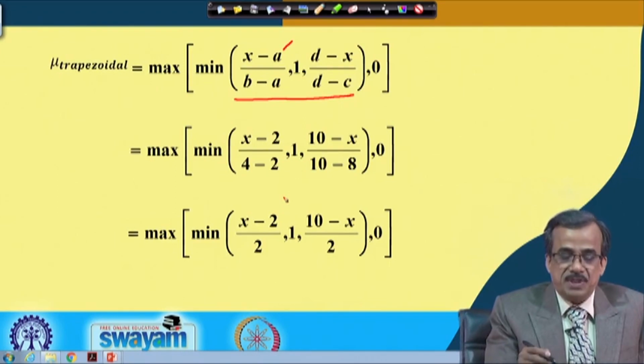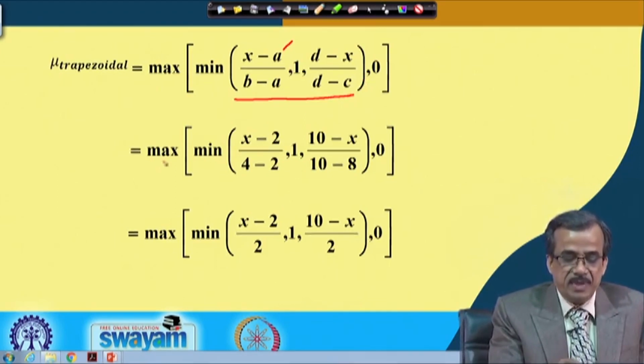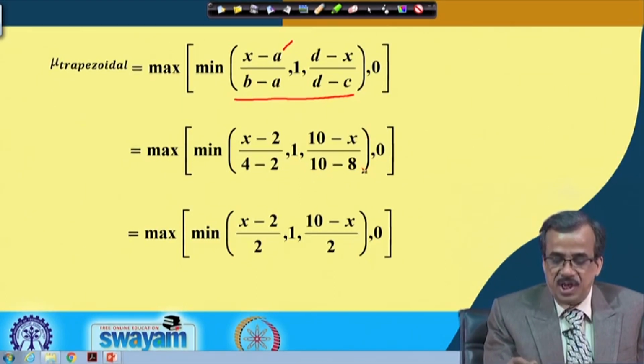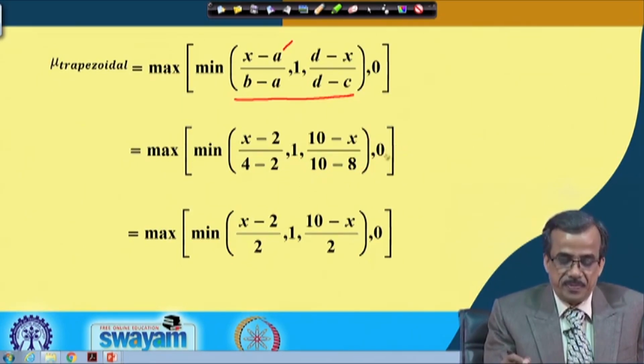Now, if we substitute the values for a, b, c and d, we will be getting the maximum between the minimum among (x minus 2) divided by (4 minus 2) comma 1, (10 minus x) divided by (10 minus 8) comma 0.